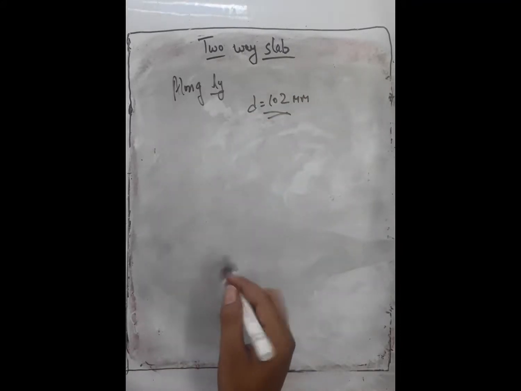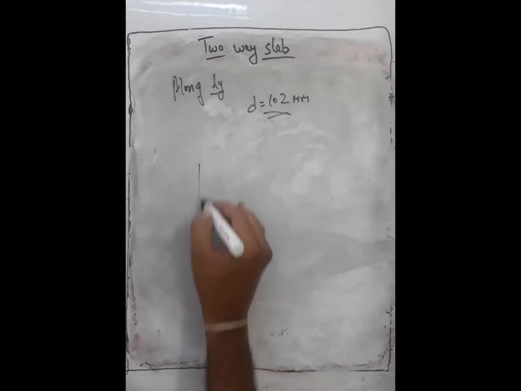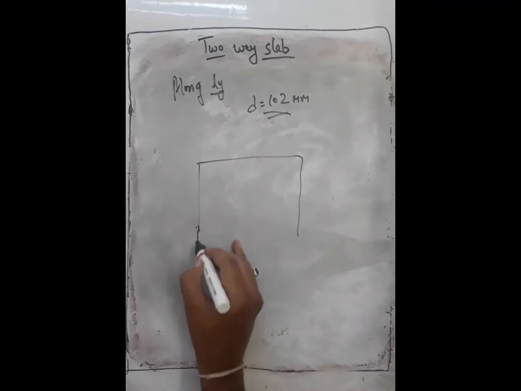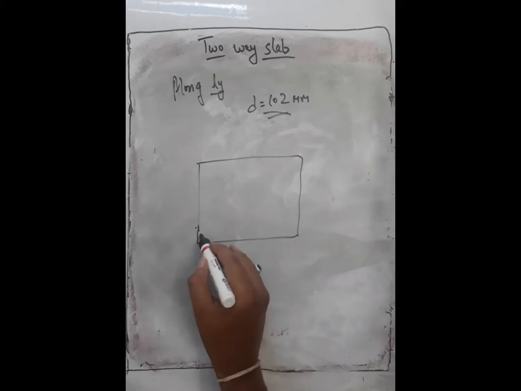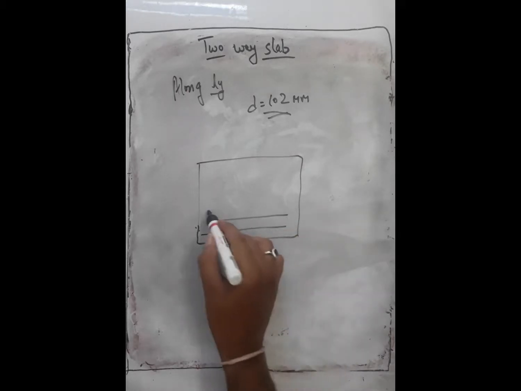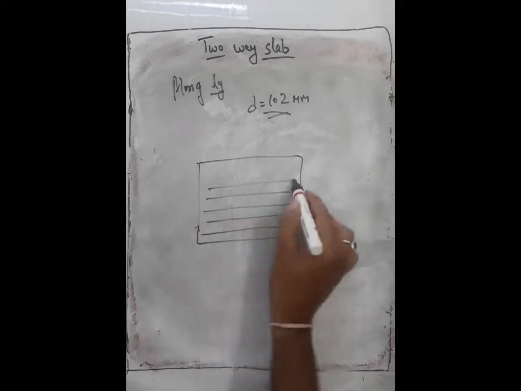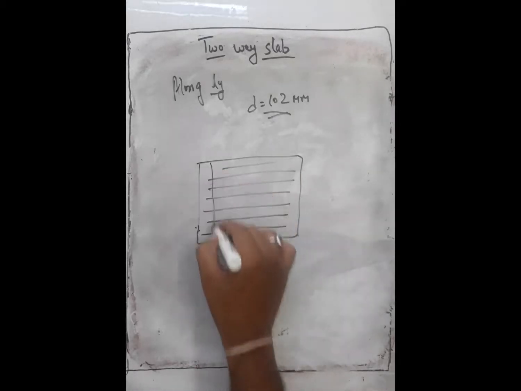If you see, this is our structure, the slab. We have provided one reinforcement like that, and we have provided the other reinforcement like that.